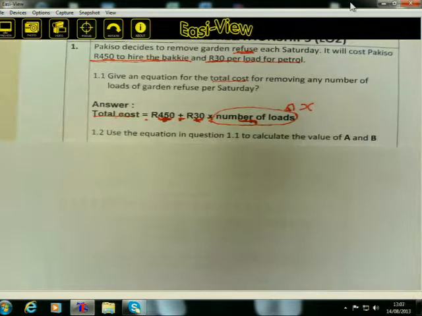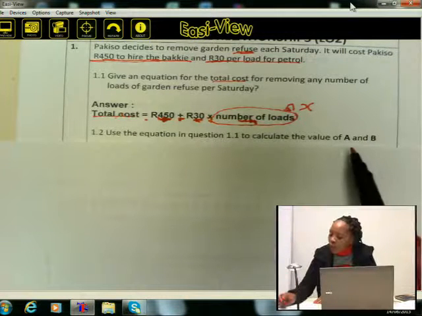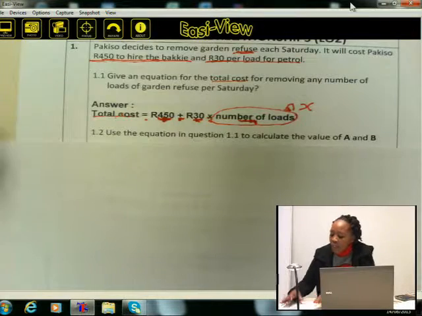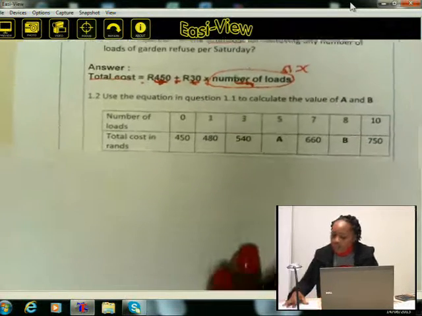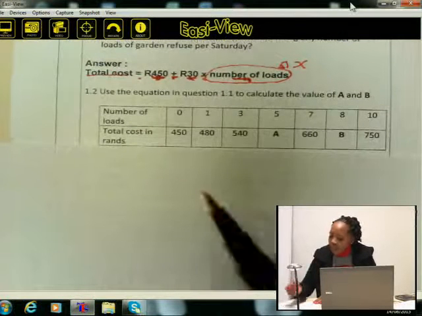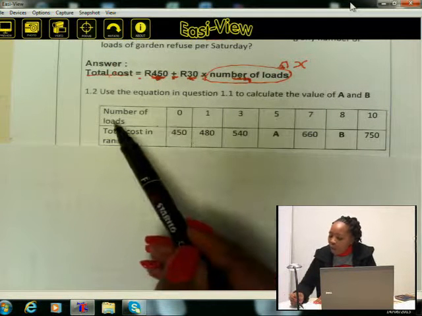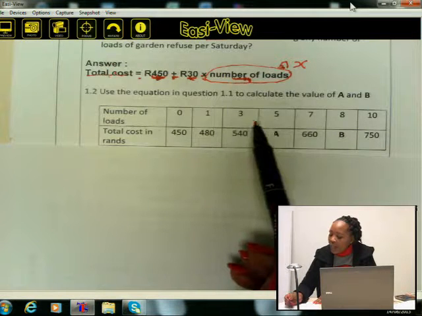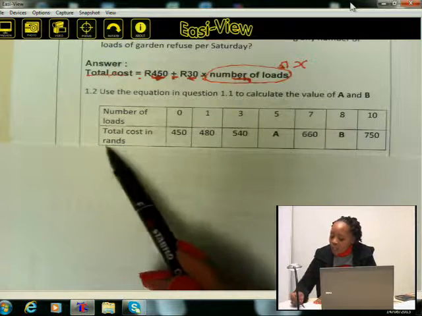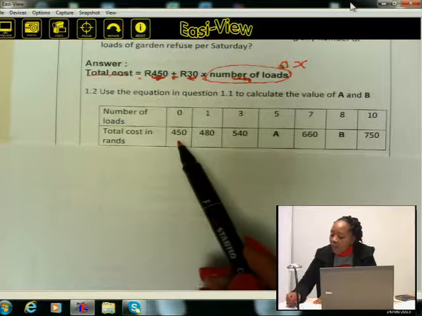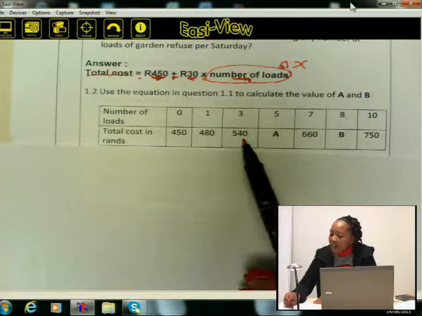Moving on to 1.2. Use the equation in 1.1 to calculate the value of a and b. There is our table. On the table we have number of loads 0, 1, 3, 5, 7, 8 and 10. On the total cost in rands we have 450, 480, 540.